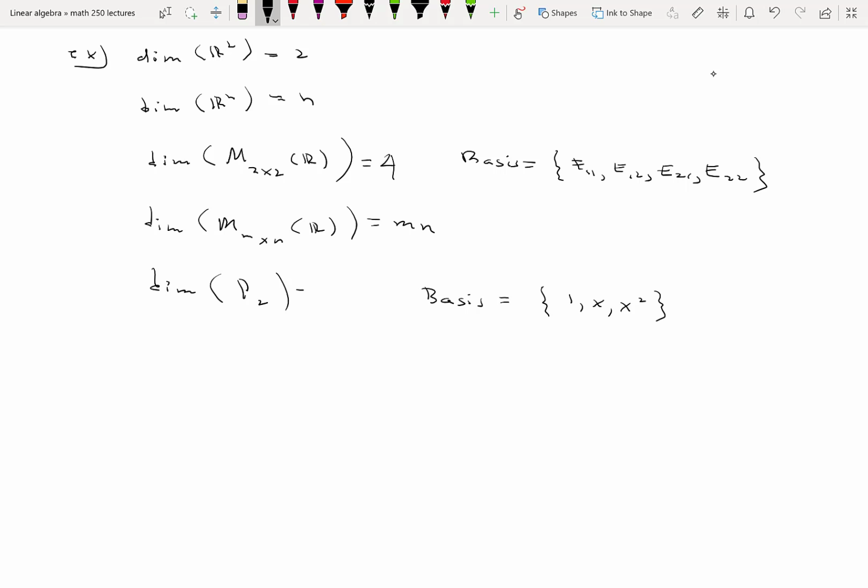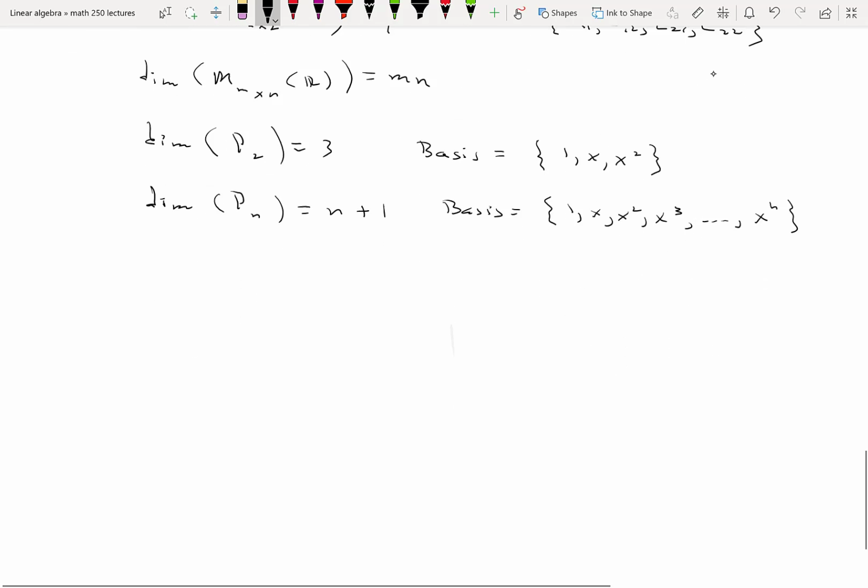So the dimension of P2 is 3. So what do you suppose the dimension of Pn is, the set of all polynomials of degree less than or equal to n? Should be n plus 1. Standard basis vectors for Pn: 1, x, x squared, x cubed, all the way up to x to the n.